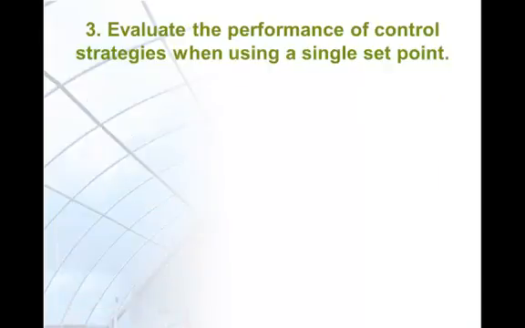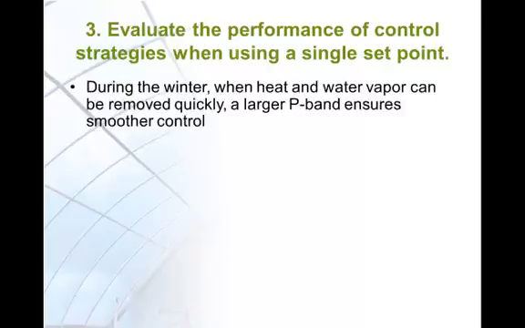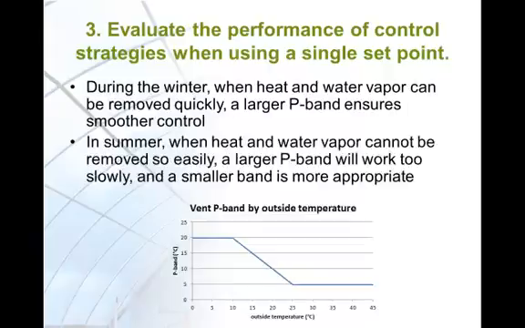Let's continue discussing the finer points of proportional control using the ventilation example. During the winter, when heat and water vapor can be removed quickly, a larger P-band ensures smoother control. In summer, when heat and water vapor cannot be removed so easily, a larger P-band will work too slowly, and a smaller P-band is more appropriate.